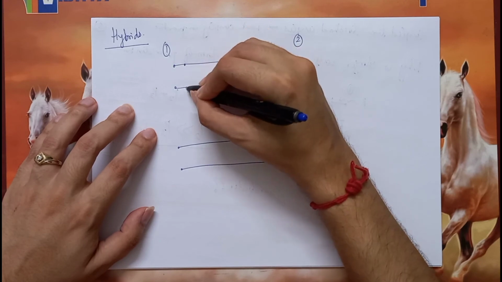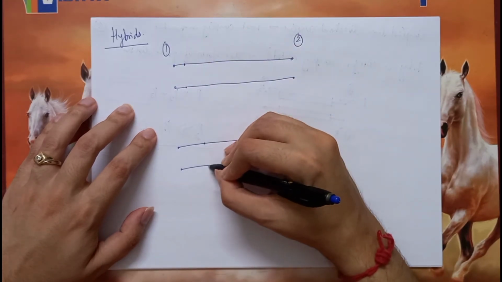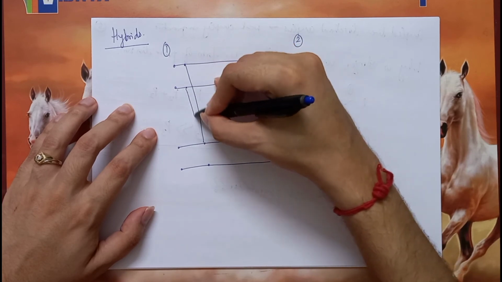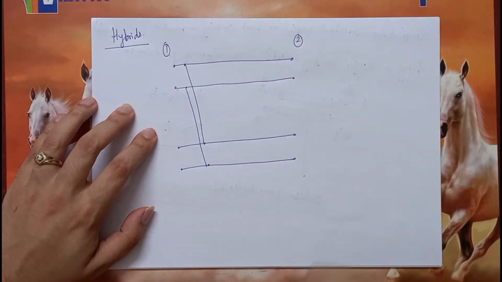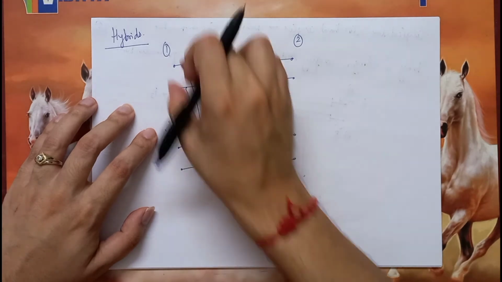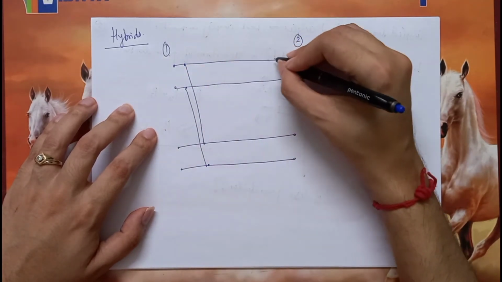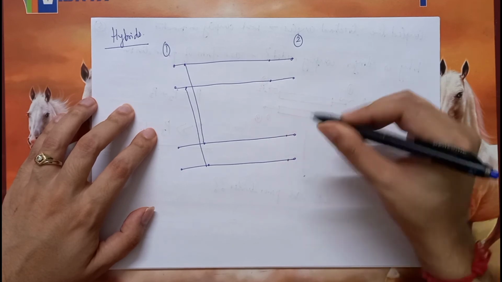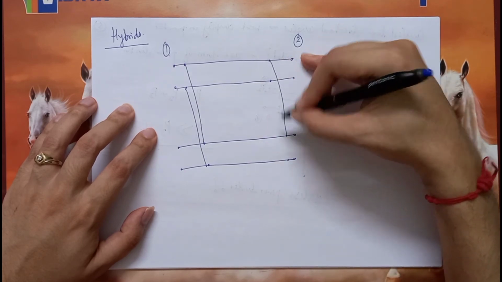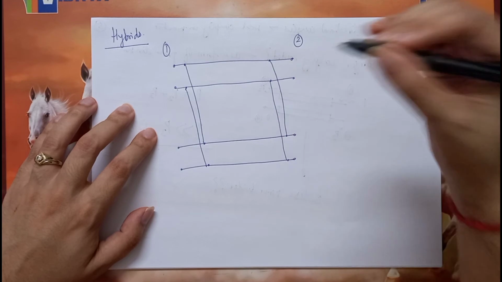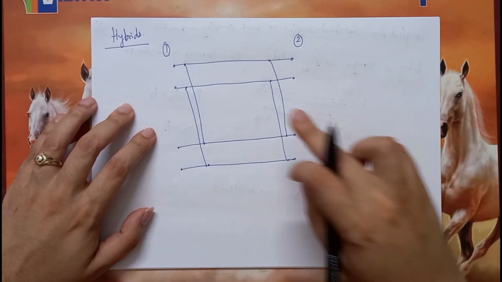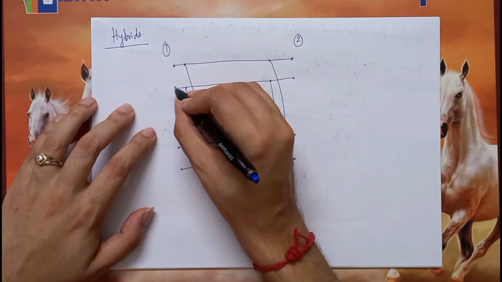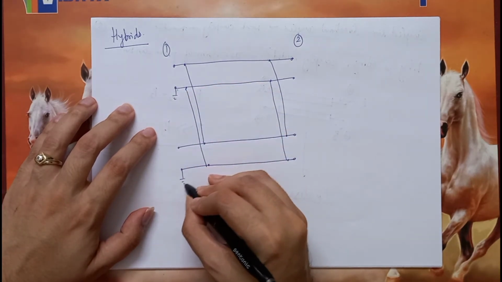So what it looks like is this. One more transmission line over here and another transmission line over here. So again, let us say that the second conductor in each case is grounded.